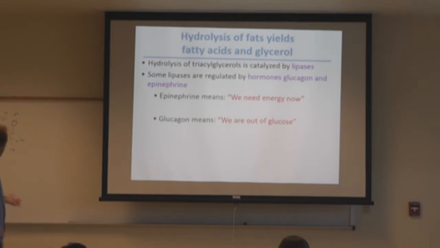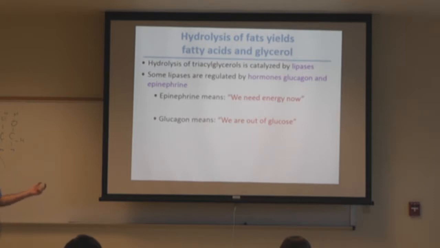Whereas fatty acids have this big hydrophobic tail. They're not very soluble in water. I mean, they are because they have the head group, but they don't freely transport around in the bloodstream. They're bound to a protein in the bloodstream. Anybody know what protein that is?